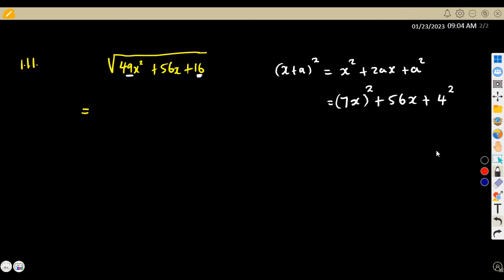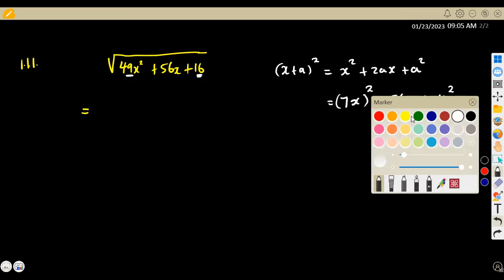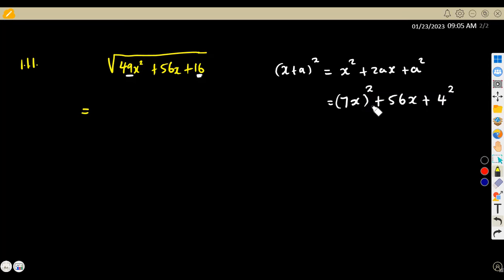If we note here, this part gives us the format of an expression of x plus a to the exponent of 2, whereby our x in this case is 7x. This is our x, which is being squared. Our a, which is also squared, is this number, which is 4.